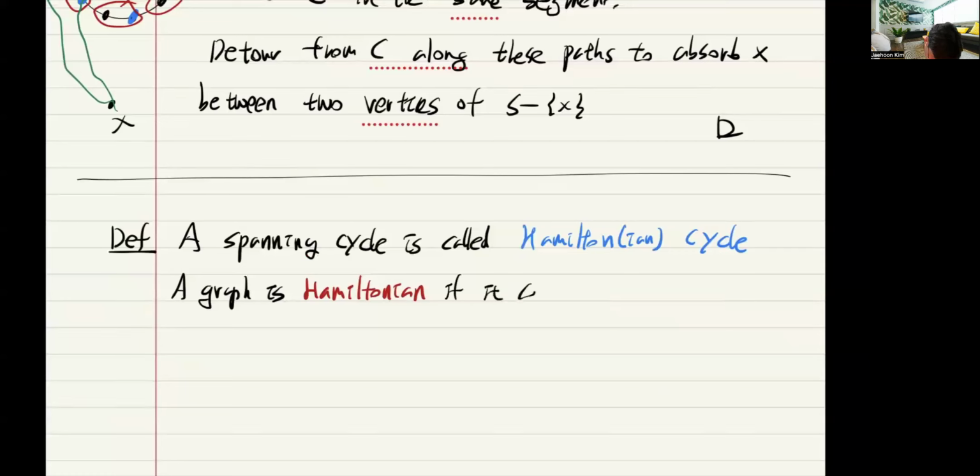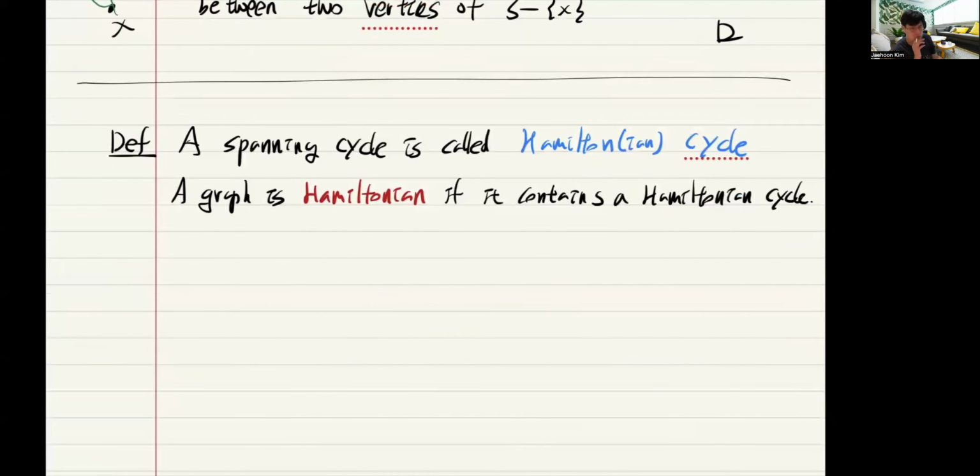If it contains a Hamiltonian cycle. So, when can we find the Hamilton cycle?